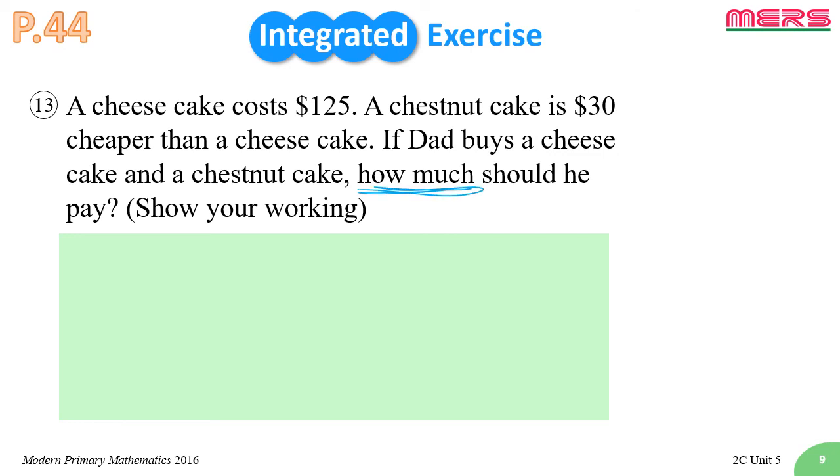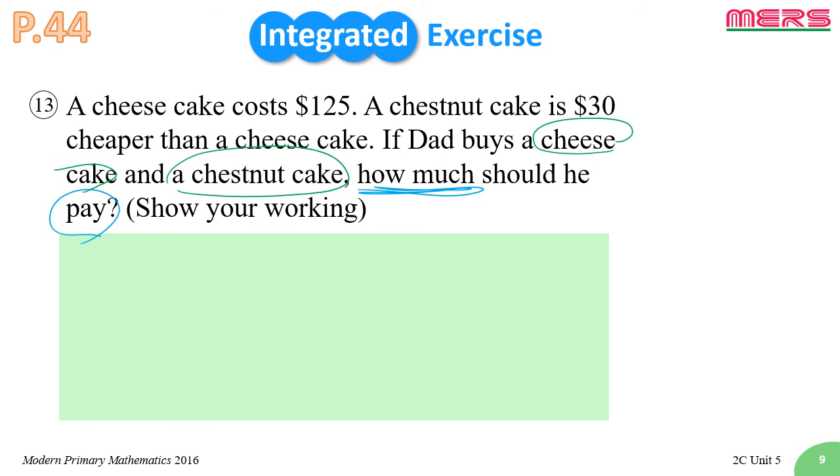For question 13, you also need to read the question. How much should the coupon be paid? How much do they need to pay? Read the question to find the needed information. If they buy a cheesecake and a chestnut cake, we have 2 cakes.